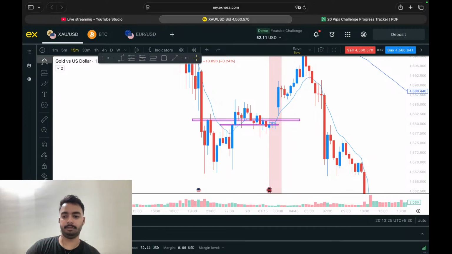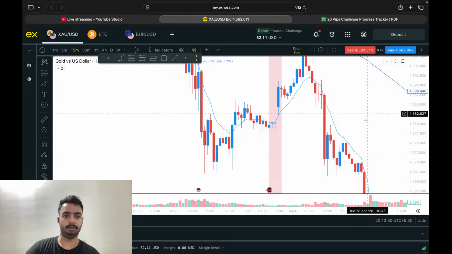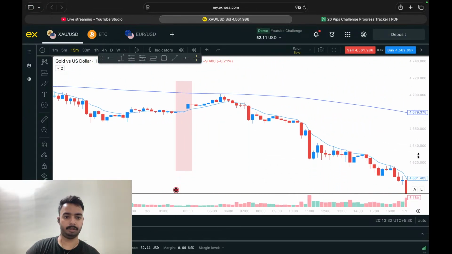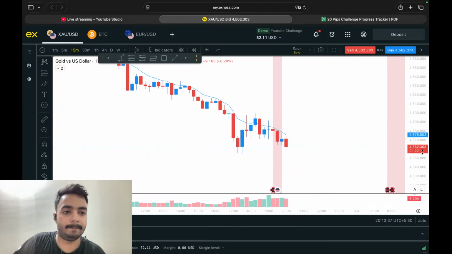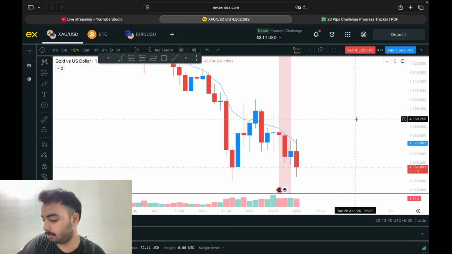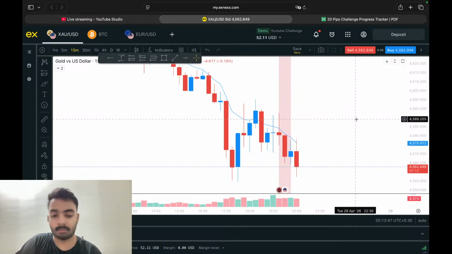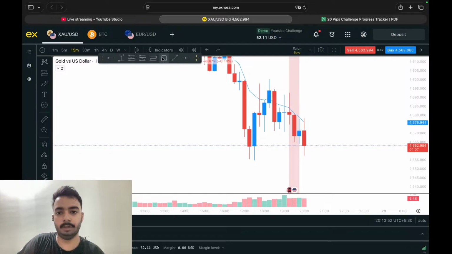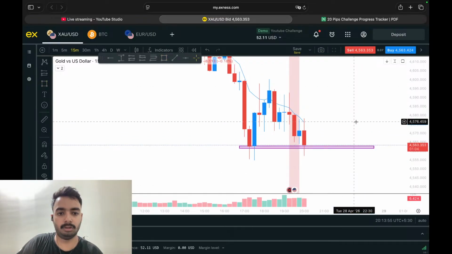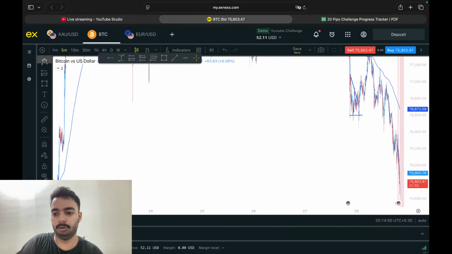Now let's analyze the chart for today's setups. What would be the possible setups we can take? This is cool, and we have a support zone here. Quickly marking out Bitcoin and EURUSD as well.